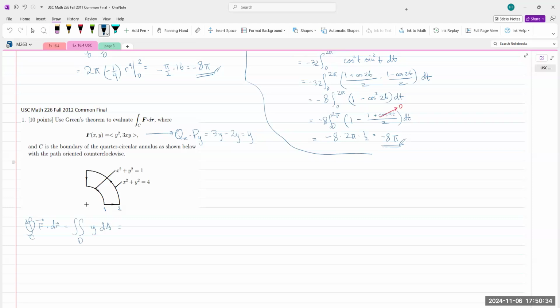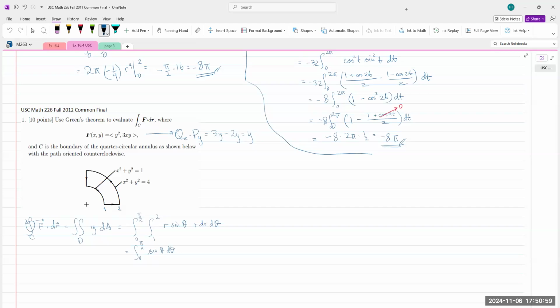But that's a quarter circular annulus, so integral from 0 to pi over 2, integral from 1 to 2 of r sine theta, and then dA becomes r dr d theta. Is it right? Okay, so that's integral from 0 to pi over 2 of sine theta d theta.